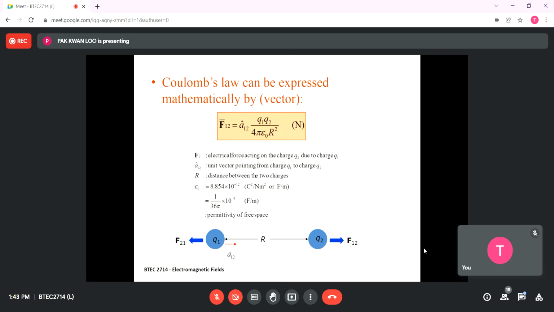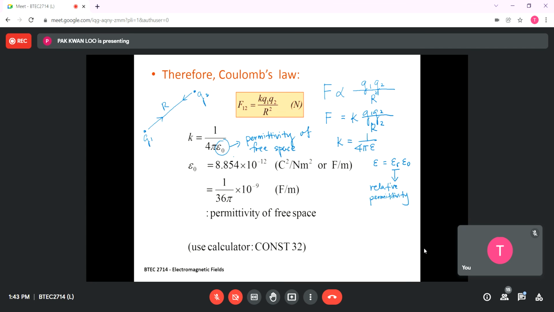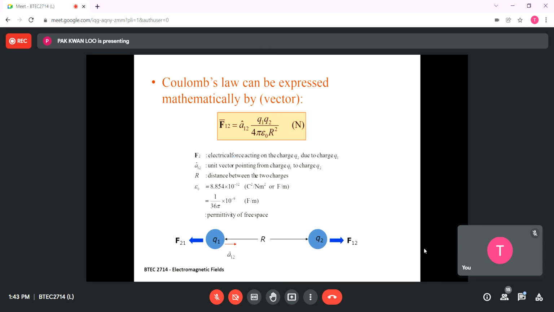So earlier we only calculated the magnitude of the force. If you want to relate to the direction of the force, this has to do with the location of the point charges.